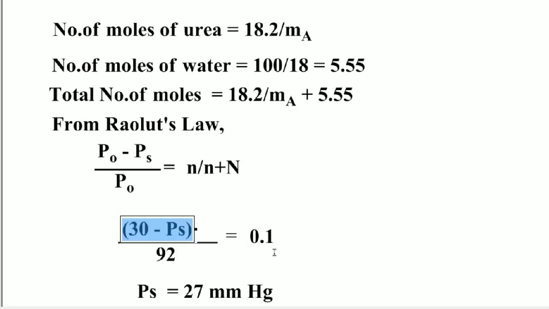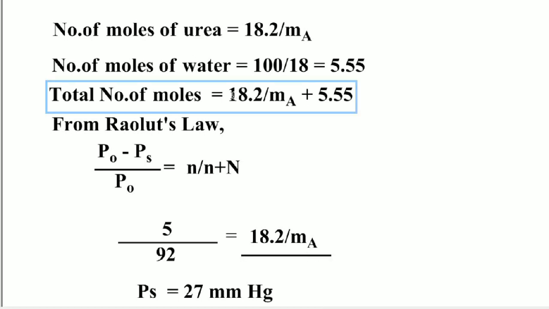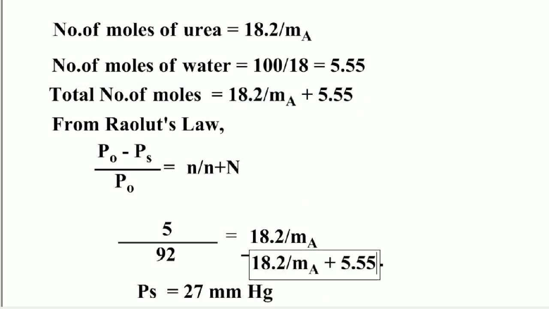So 5 by 92 is equal to 18.2 divided by MA, by 18.2 divided by MA plus 5.55, the total number of moles. This is the mole fraction of solute.